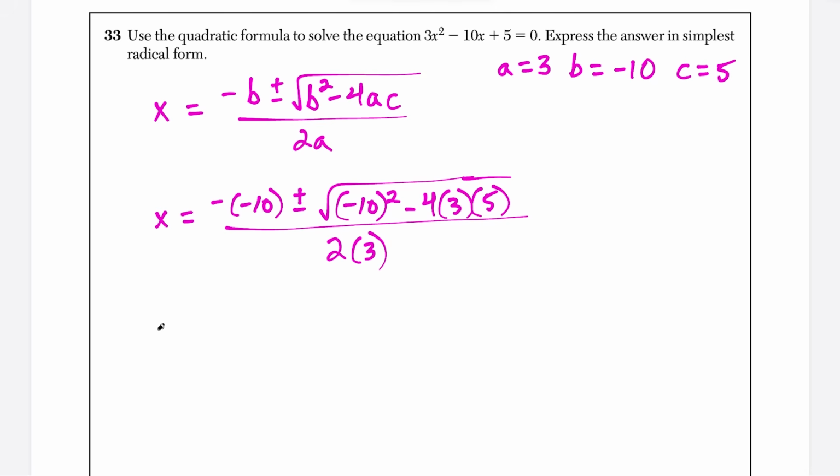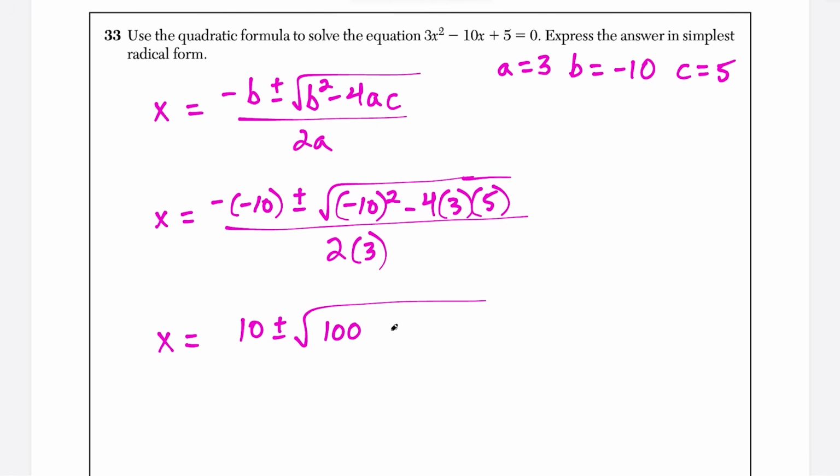So now we just simplify, and for this we could use a calculator. So we have 10 plus or minus. If you want to type this entire part here in the calculator, you can. Otherwise, you could do it by hand and then check with the calculator. But this is going to give us 100, and then minus, we're going to have 12 times 5 is 60. So 100 minus 60 is equal to 40. All right, but I'll just write it out here step by step.